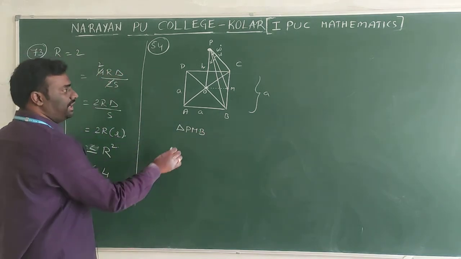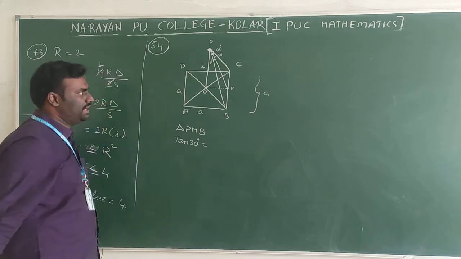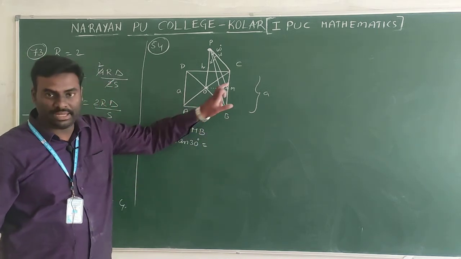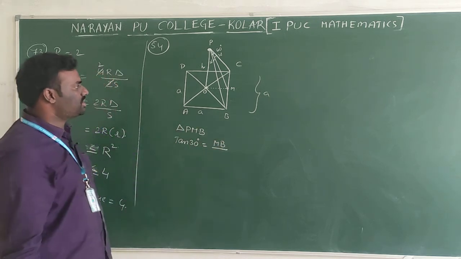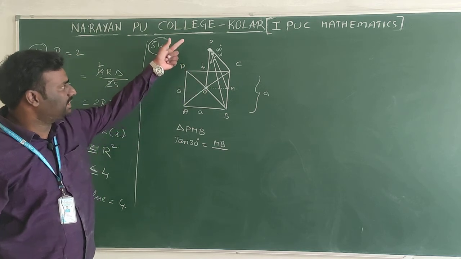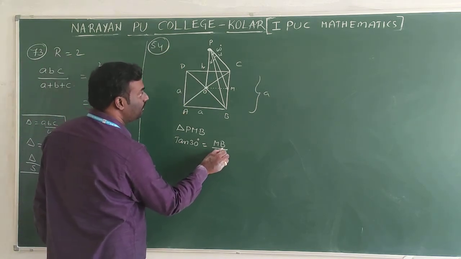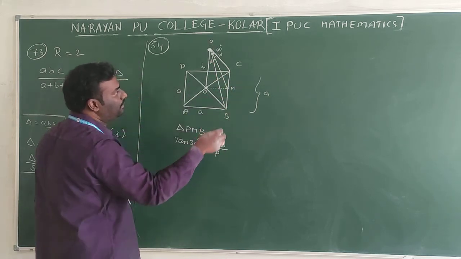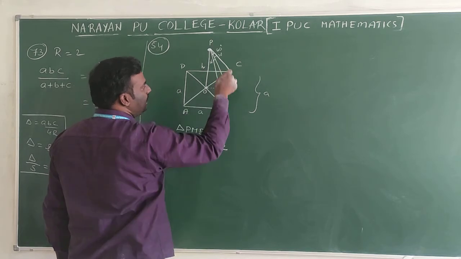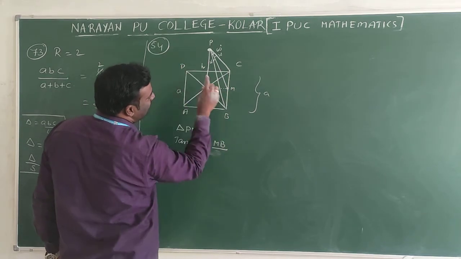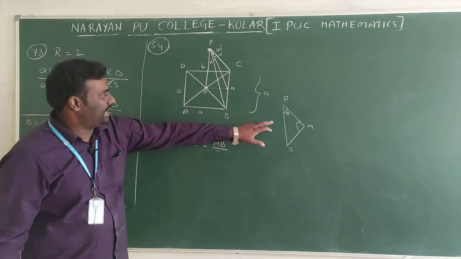Now what do you need to find? Tan 30 is equal to opposite by adjacent. Opposite means MB. If you take PMB, I draw the separate triangle here.